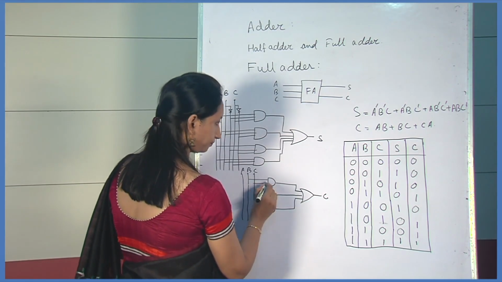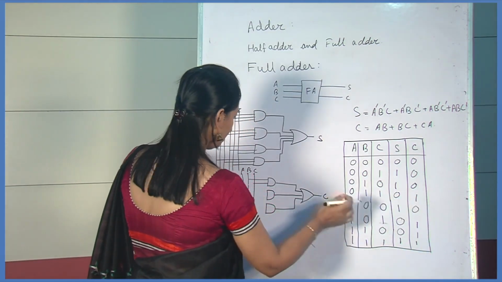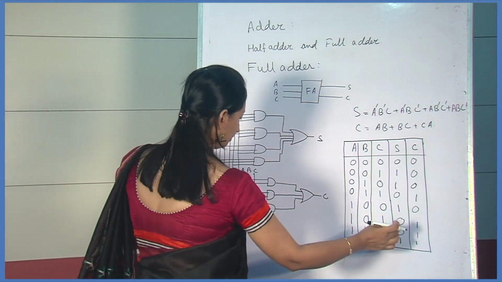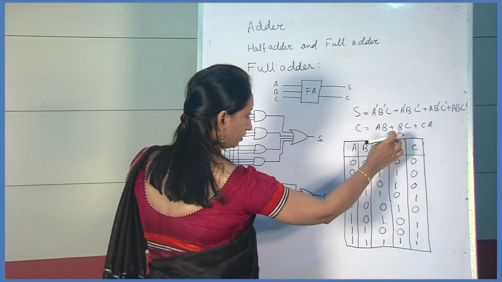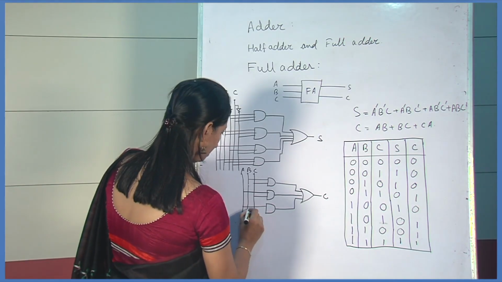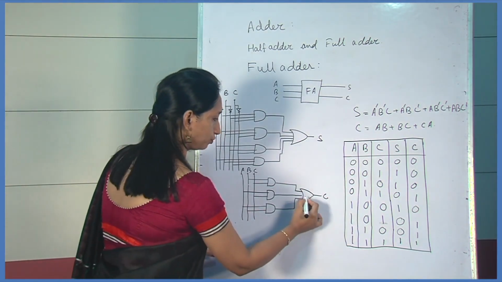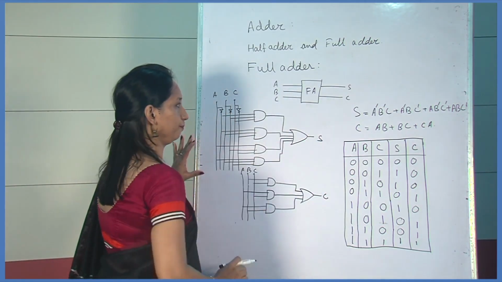Next it is high, that means AC. Then AC, then BC, AB. So this is the circuit for the output carry C, and this is the circuit for the output sum.